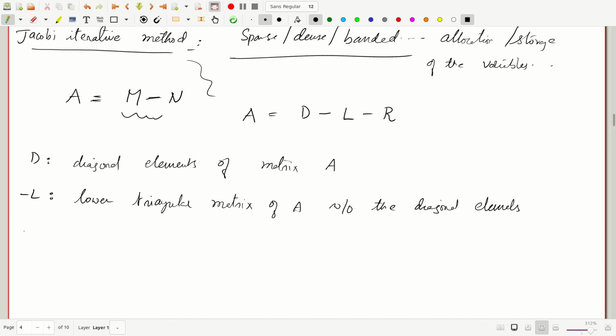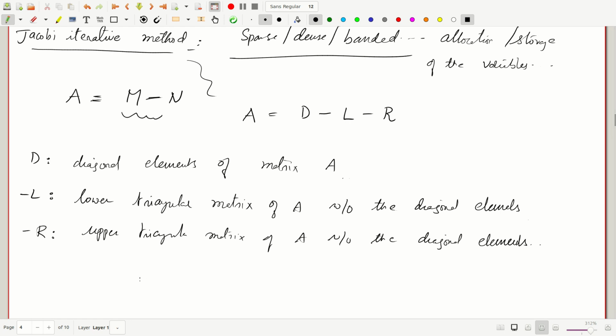Similarly, your minus R is your upper triangular matrix of A without, of course, the diagonal elements. Because the diagonal elements are already considered in the D, we would not write them in the L and R matrices again. Okay, so if that is the case, then we can write our formula.